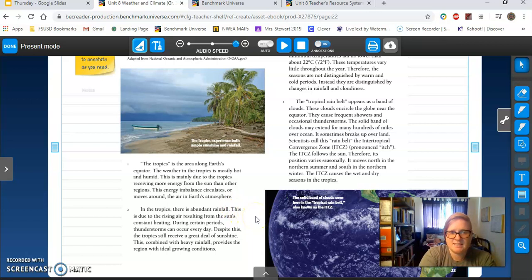In the tropics, there is abundant rainfall. This is due to the rising air resulting from the sun's constant heating. During certain periods, thunderstorms can occur every day. Despite this, the tropics still receive a great deal of sunshine. This, combined with heavy rainfall, provides the region with ideal growing conditions. So this does have to do with this, right? So the picture being of a boat with it looks like maybe some storm coming ahead. They look a little nimbus to me.